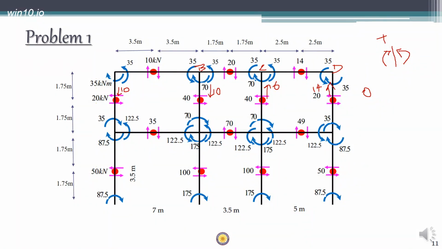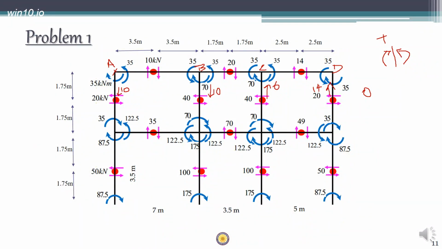So here when you consider this beam moment 35, it is an anti-clockwise moment on the right side of the joint A, which means that this 35 is a positive bending moment. Here 35 kN is again a clockwise moment, but it's still on the left side of A. So again a clockwise moment on the left is also a positive moment.